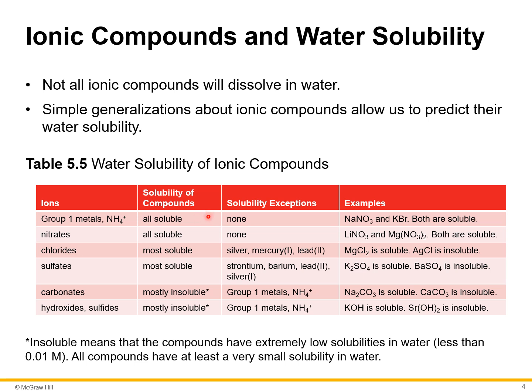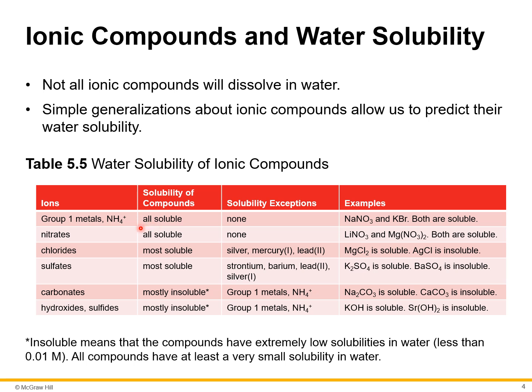Now, this is a water solubility table for ionic compounds. You don't have to memorize it, but what this table is telling you is, if on the left here we have the ions, nitrates, chlorides, sulfates, carbonates, hydroxides, and sulfides, it's telling you whether it will dissolve, whether it will be aqueous.